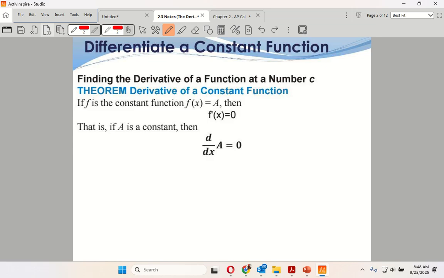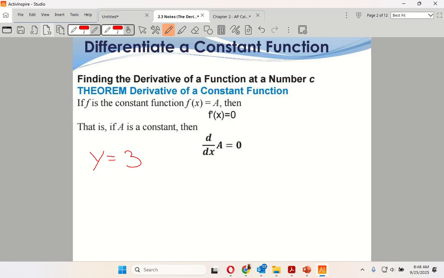So now, let's pretend like this is my function, y equals 3. What's the slope of that line? 0, right? Because there is no x. And we know that the derivative gives me the slope.